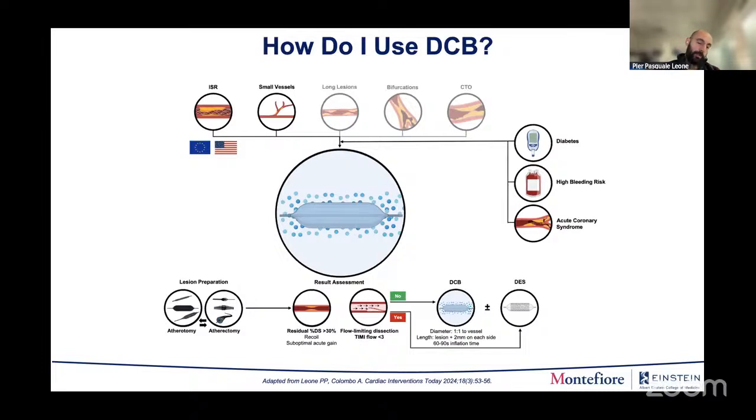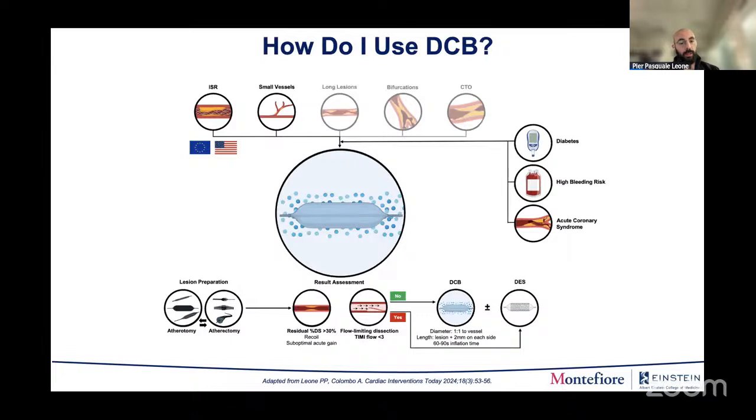Another important aspect to take into consideration is how the blood is flowing in that segment and distally. Any TIMI flow less than 3 should be very well recognized, and any flow limitation in this section should also be kept in mind.